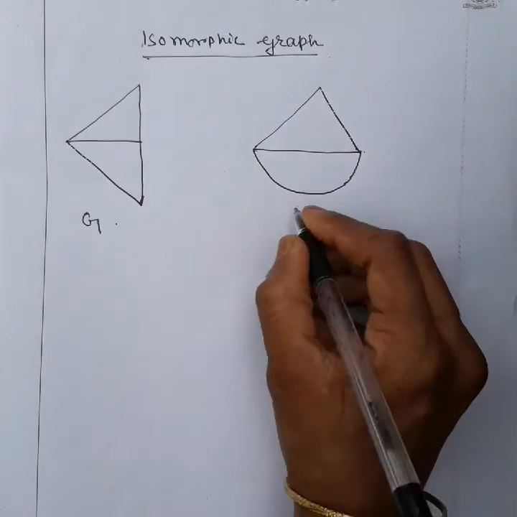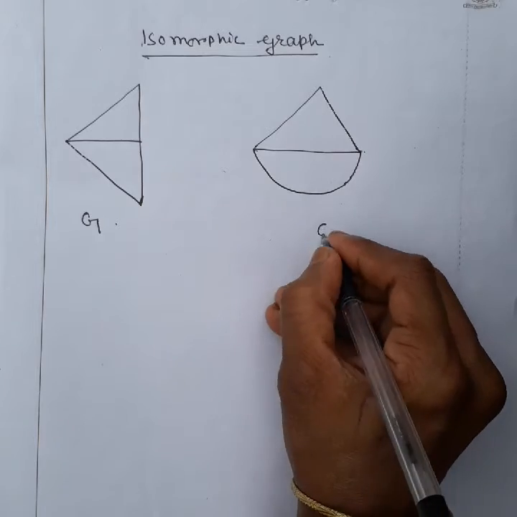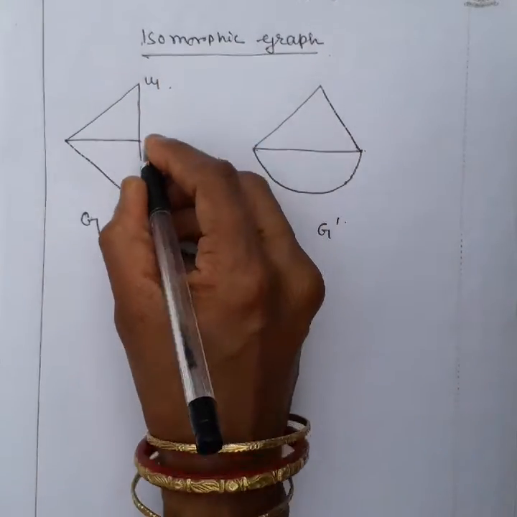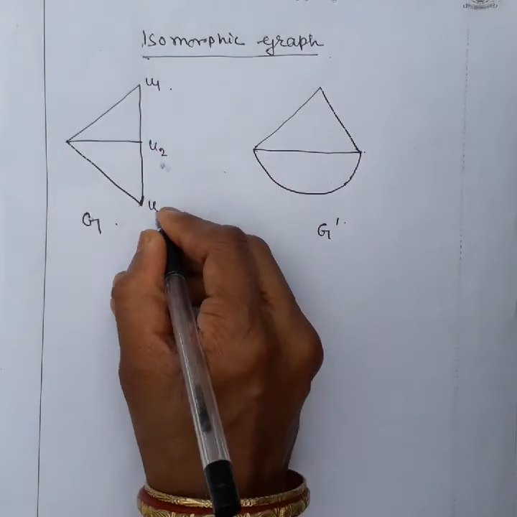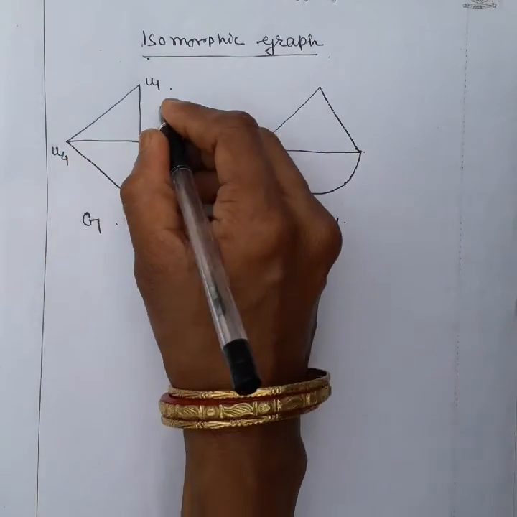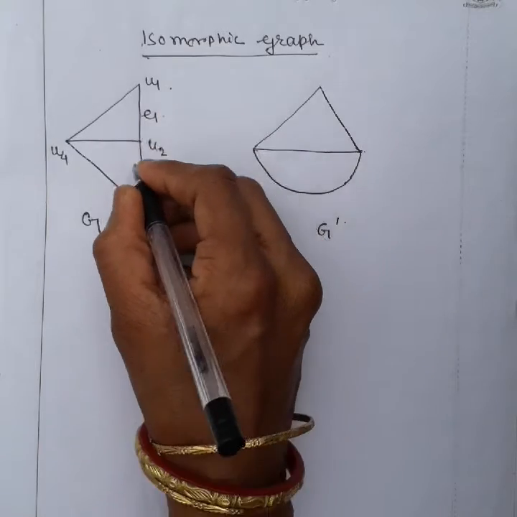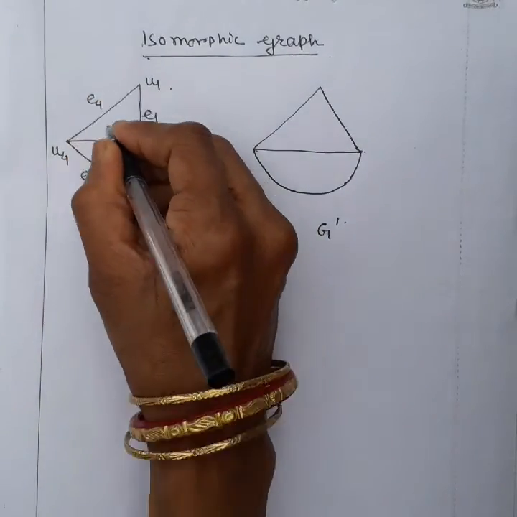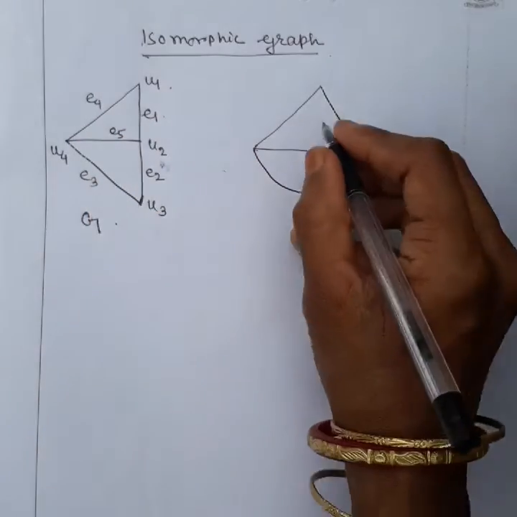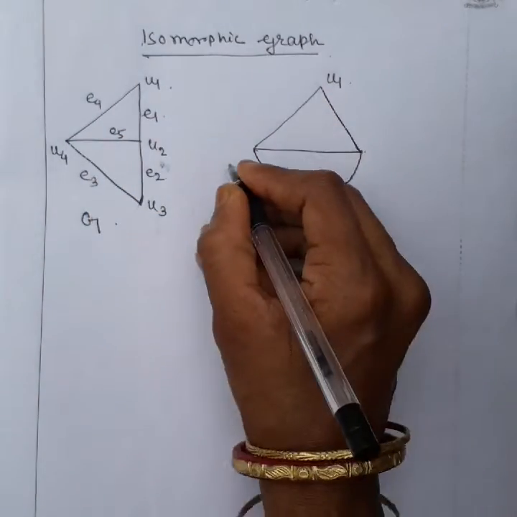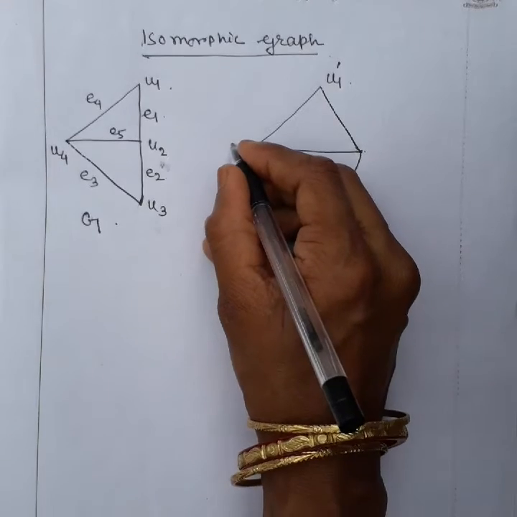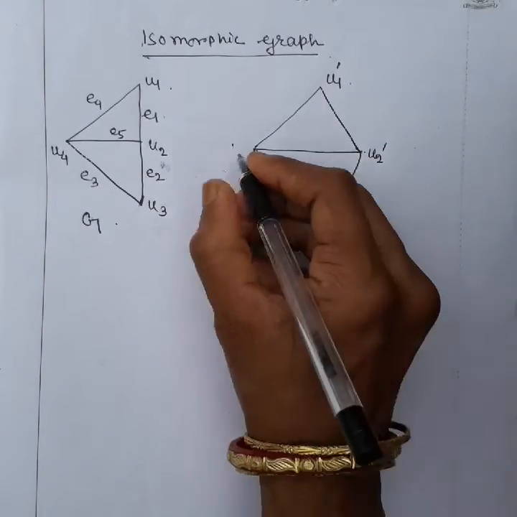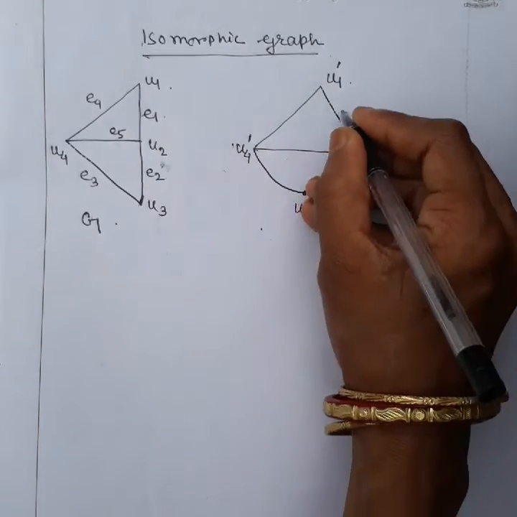Say this is G and this is G dashed. Here this is U1, U2, U3 and U4, and this is E1, E2, E3, E4, E5, and here also this is U1 dashed, U2 dashed, U3 dashed, and U4 dashed.